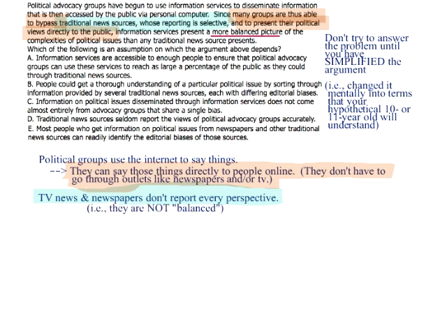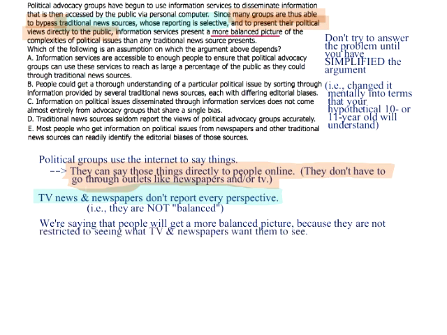And so what we're saying is, because of selective reporting, and because the political groups can just talk to you directly through the internet, people will get a more balanced picture because they are not restricted to seeing what TV and newspapers want them to see.